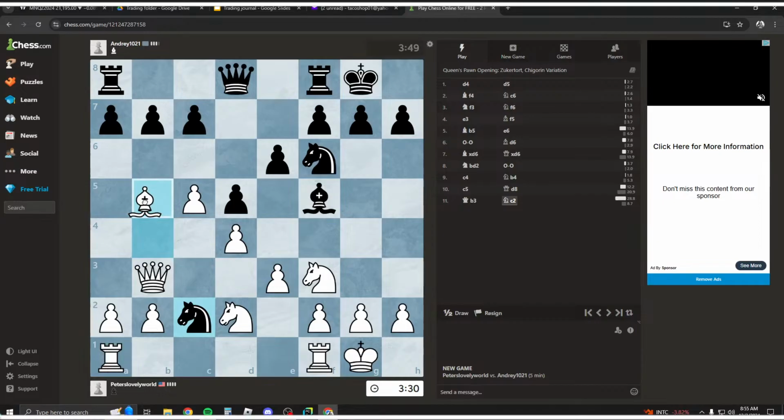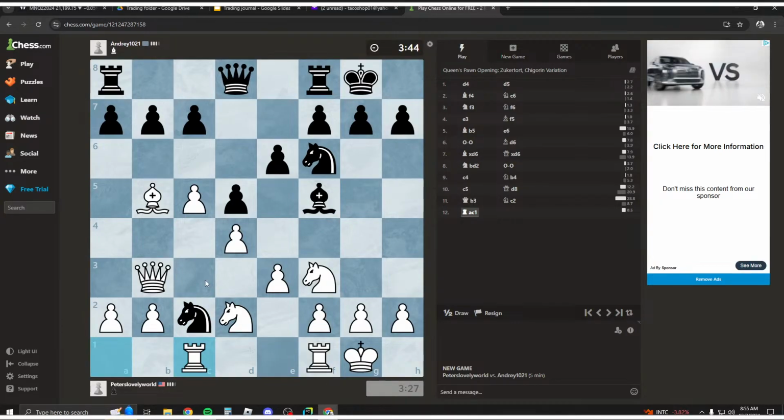Alright, let's actually move this first. So I'm going to be trading my rook for a knight and a bishop. That should be more points.